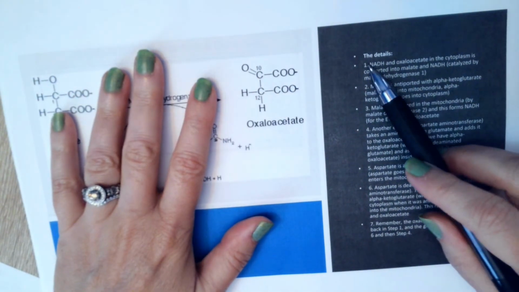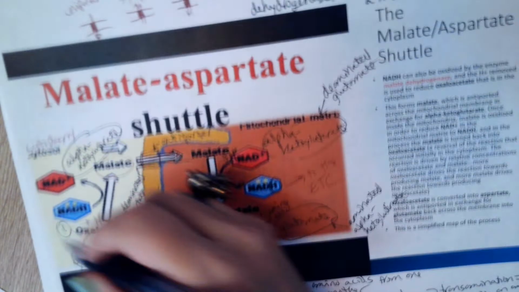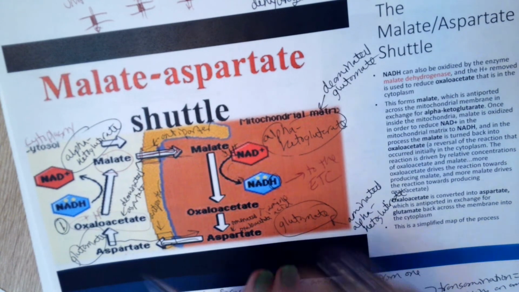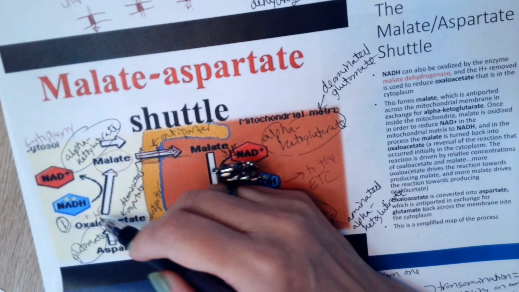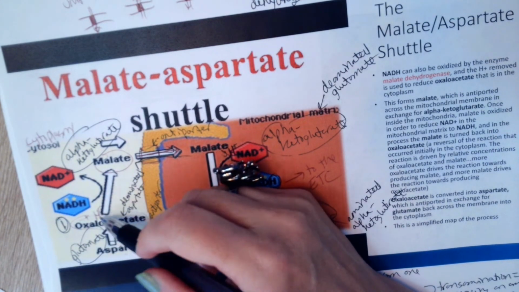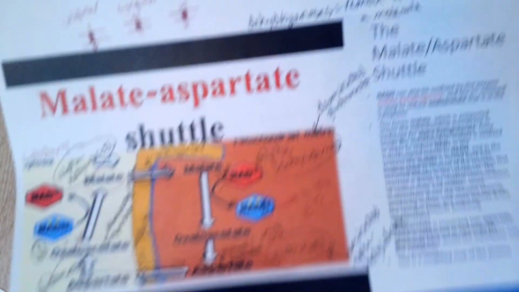Okay, so step 1. Step 1 was where we just kind of arbitrarily decided to start at the oxaloacetate in the cytoplasm, taking the hydrogen from the NADH, leaving us with just NAD, and creating malate in the process.